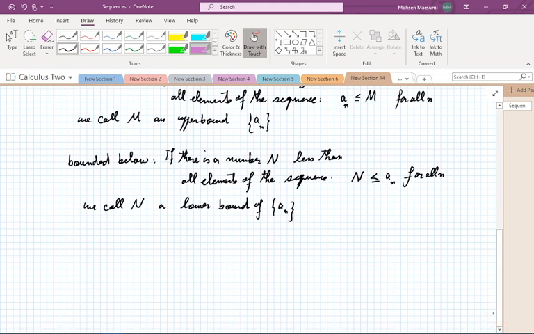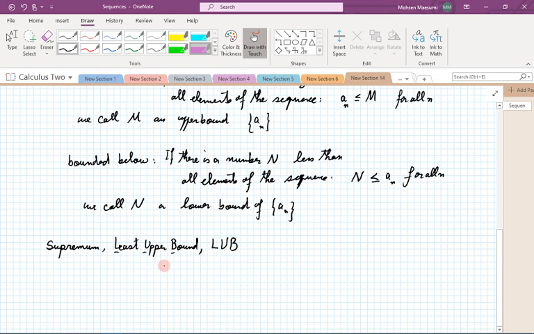Now, there is a concept in calculus 1 when you were talking about limits of functions and such, and it is sometimes referred to as a supremum. Sometimes it's referred to as the least upper bound, sometimes abbreviated to LUB.